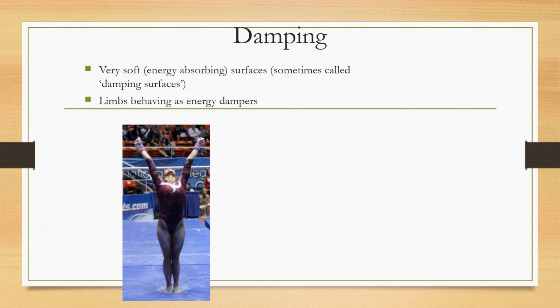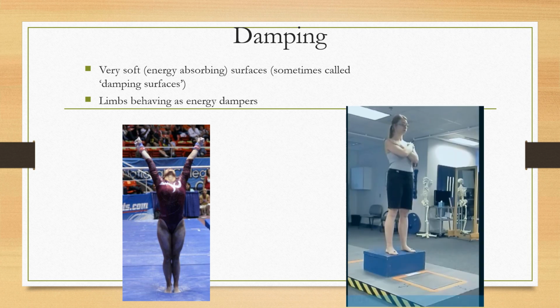But that's absorbing the energy without doing anything with it afterwards, as opposed to a spring where you're absorbing the energy for the sake of recoil. Limbs without a surface to help damp the energy can also serve as dampers.